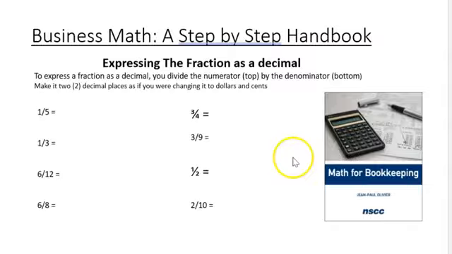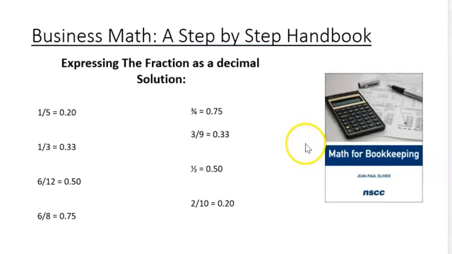So in other words, you're going to divide 5 into 1, and it's going to give you a decimal. So 1 divided by 5 gives you 0.2. 1/3, so 1 divided by 3 gives you 0.33, and that's actually 0.33 repeating.